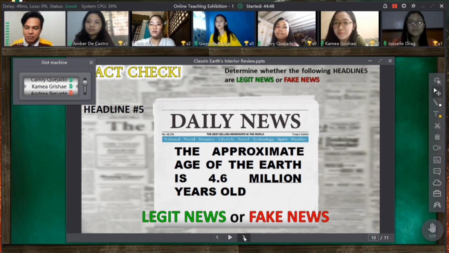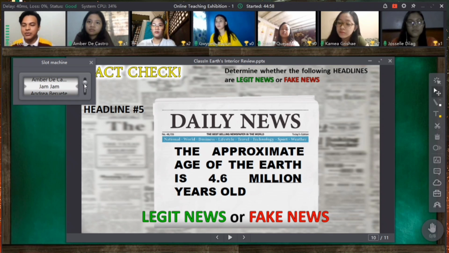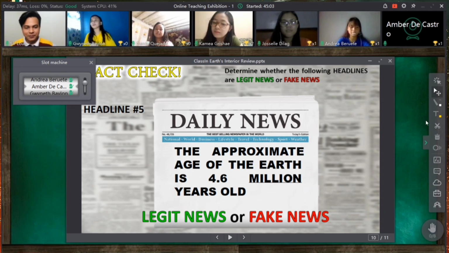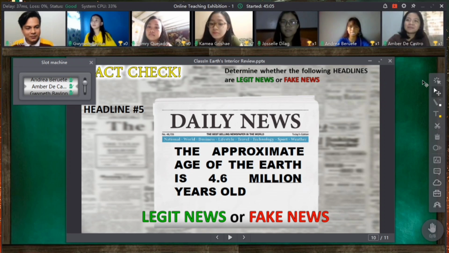And headline number 5. The approximate age of Earth is 4.6 million years old. Is it legit news or fake news? Amber, what is your answer?